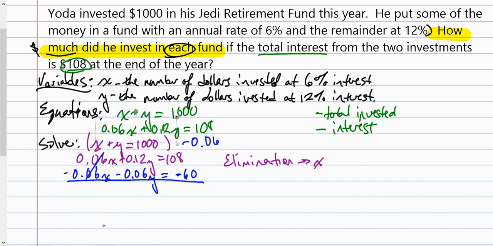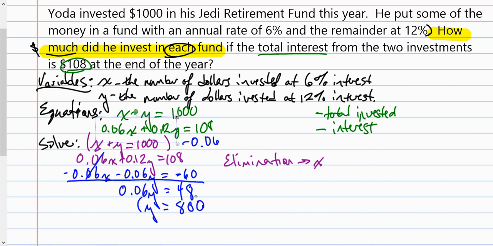So these eliminate, and I get 0.06y equals, now 108 minus 60, there's an 8, 48. Y will equal, if I divide 48 just by regular 6, I'm going to get 8. If I divide 48 by 0.06, I'm going to get 800 out of that.